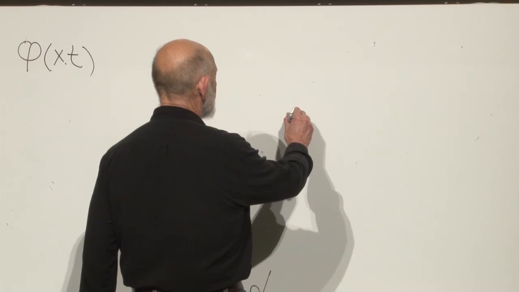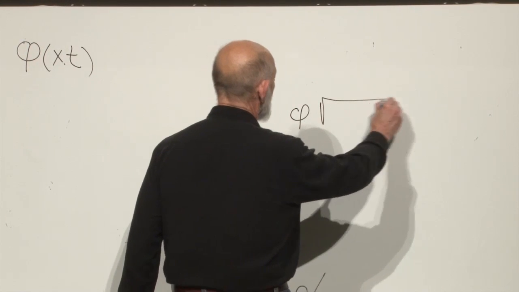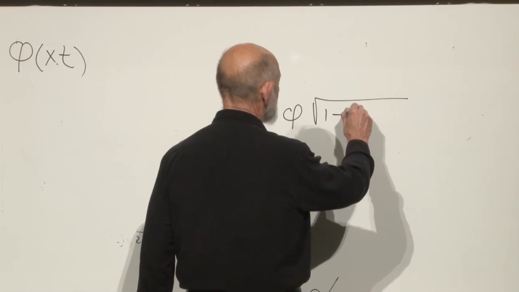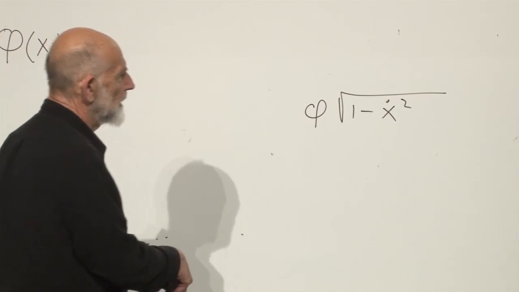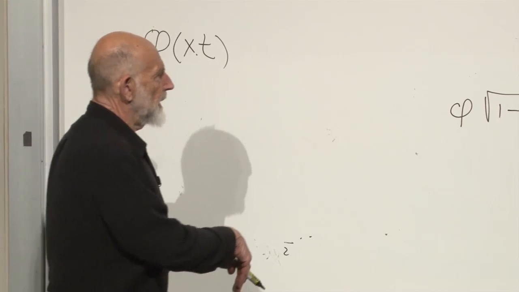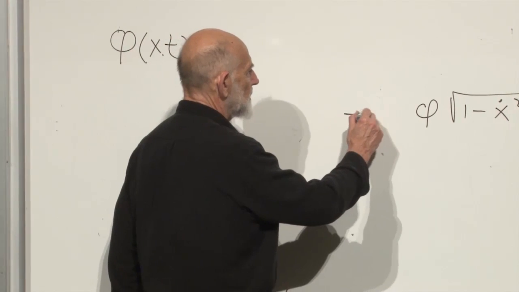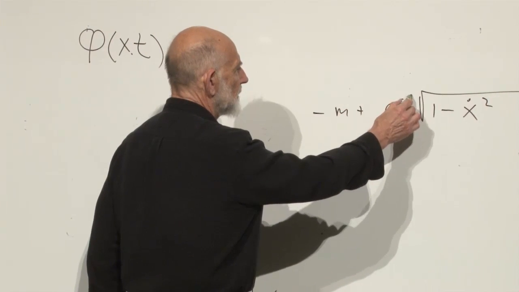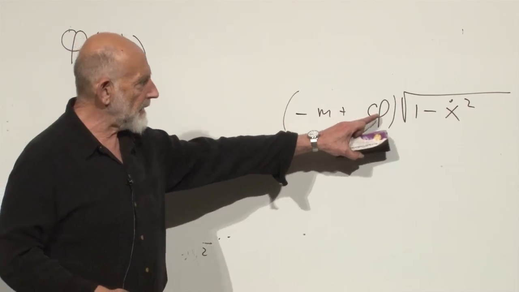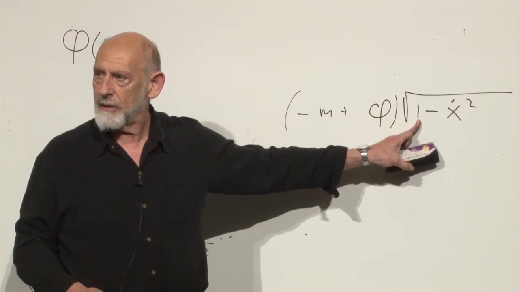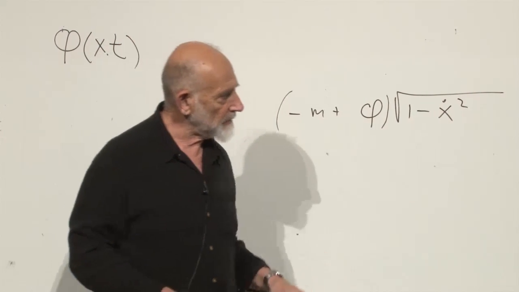Well, the Lagrangian had phi times the square root of 1 minus x dot squared. That was in the Lagrangian, right? It was minus m plus phi. When I differentiated phi with respect to x, it still contained the factor, right? Okay, so that's there.